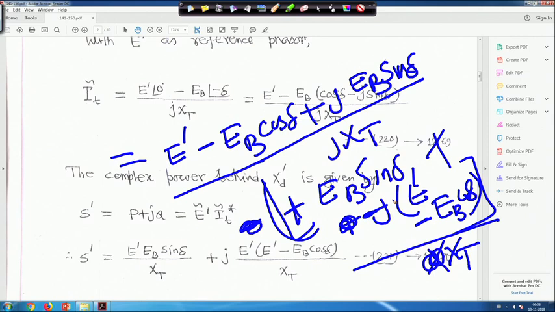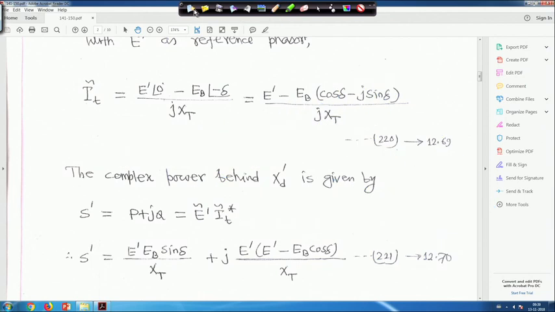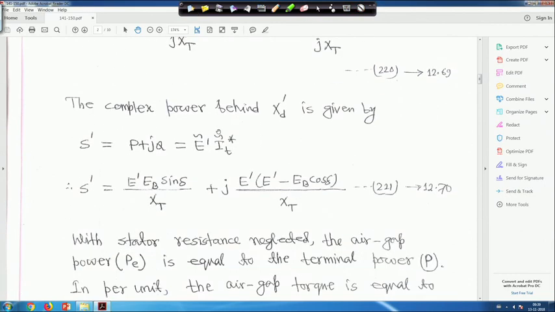And if you take its conjugate, because P plus j Q is equal to E dash tilde I t conjugate, then it will be basically E b sin delta minus j times E dash minus E b cos delta upon x t. If you do so, then the complex power P plus j Q is equal to E dash tilde I t conjugate.